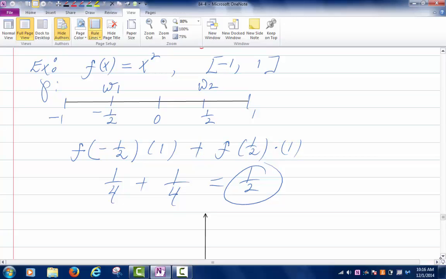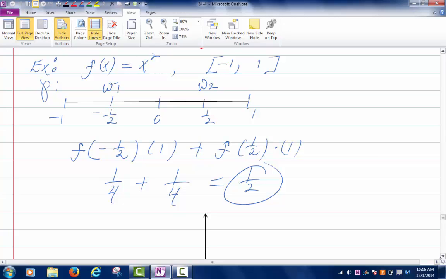And then what's the mesh? Mesh is 1. So I am trying to form a sum, Riemann sum, for the function f with respect to this partition. I'm picking two sample points. So I'm picking negative half to be the sample point from the first subinterval. I am picking half to be the sample point from the second subinterval.